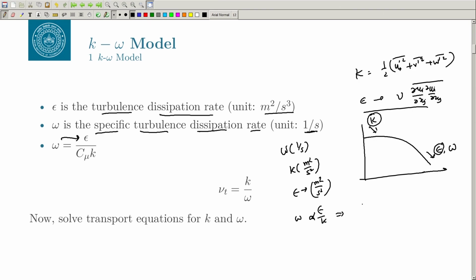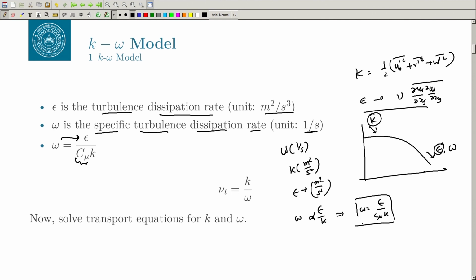Now this C mu term depends on the model. In many models you do not use C mu, in many models you use it. So, you have to be very careful. But if you are using the C mu term, omega is equal to epsilon by C mu k, right.